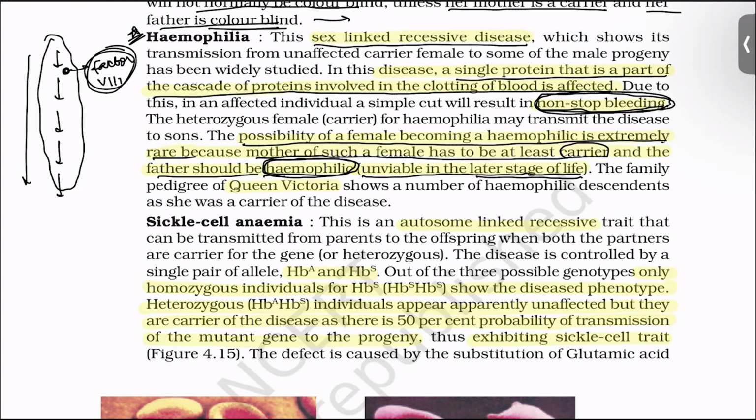They generally die earlier from excessive bleeding. So this possibility is very, very rare. We do not normally see a hemophilic female, but a hemophilic male is a more possible occurrence.